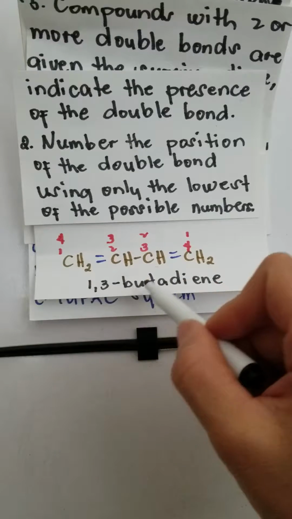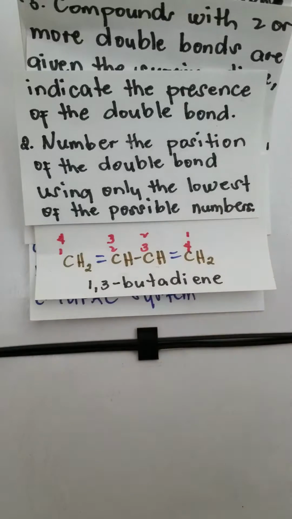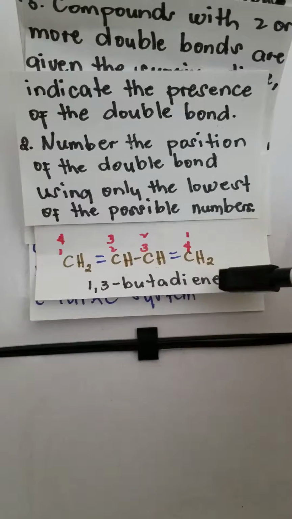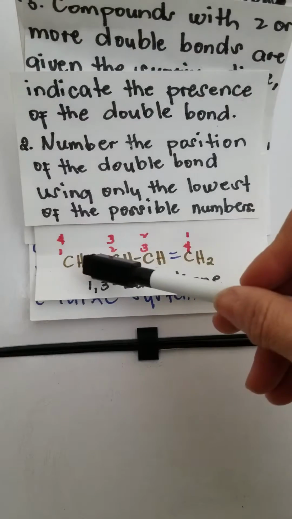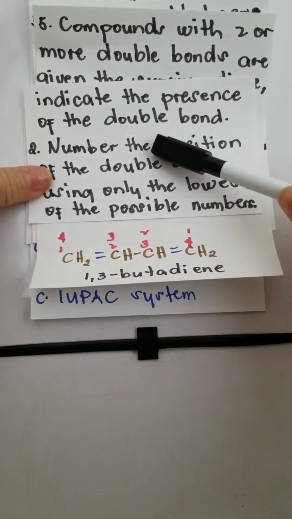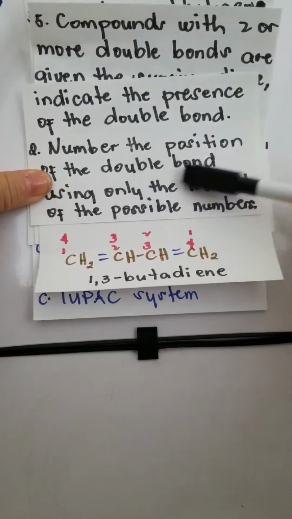So 1,3-buta. Why but? Because this longest continuous chain of carbon atoms has 4 carbon atoms, so but. And then diene is because you have 2 double bonds present in the structure. So butadiene. But for having 4 carbon atoms, adiene for having 2 double bonds.